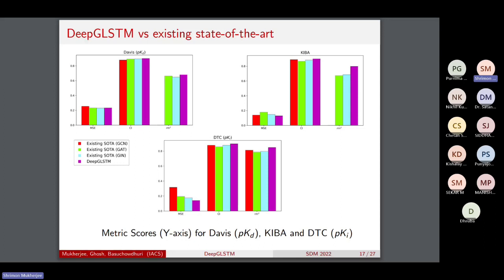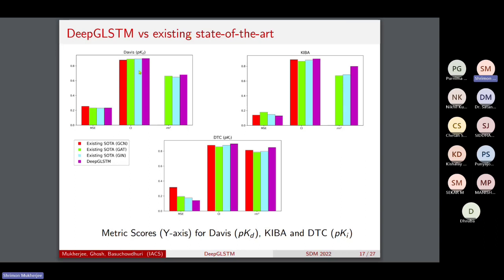So here KD is an affinity score. Now what is PKD? Basically the KD value is so big that we have to normalize it. We need some lower value. So for that we applied minus log 10 on KD, and that is denoted as PKD.